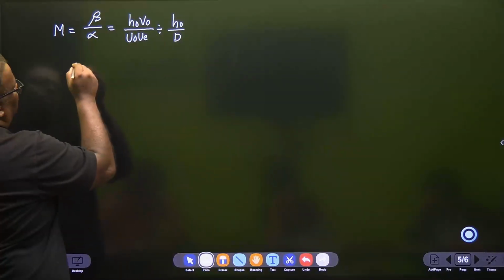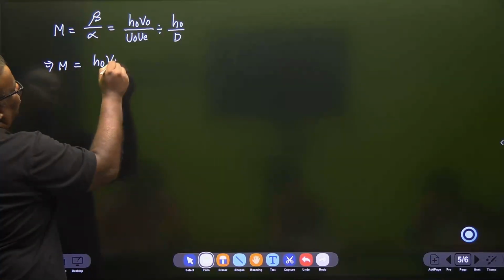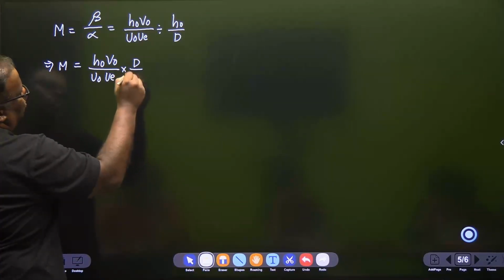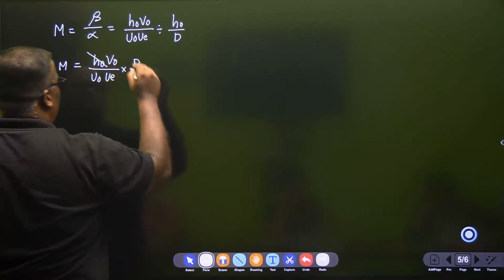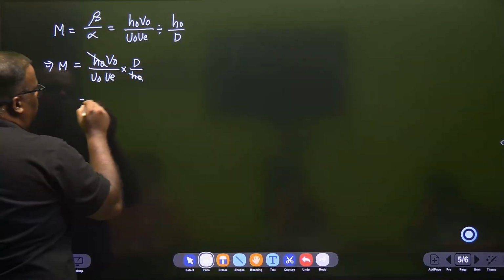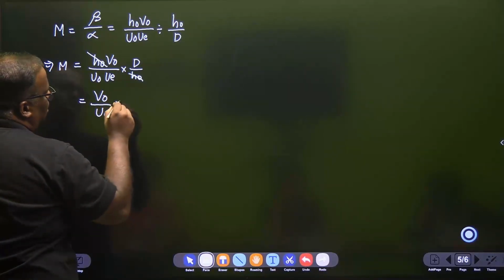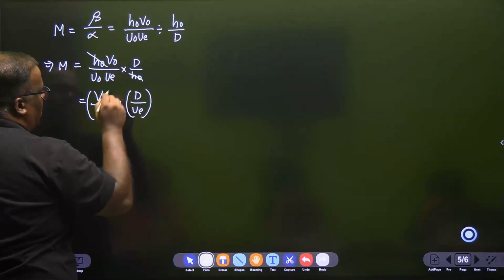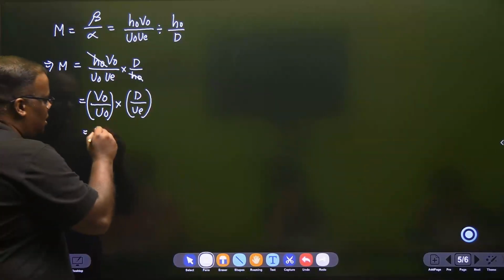Going further, my M becomes equal to HO VO by UO UE into D by HO. Clear? HO cancels, and a bit of rearrangement gives it like this: VO by UO into D by UE. Isn't VO by UO the magnification of the objective? Yes.